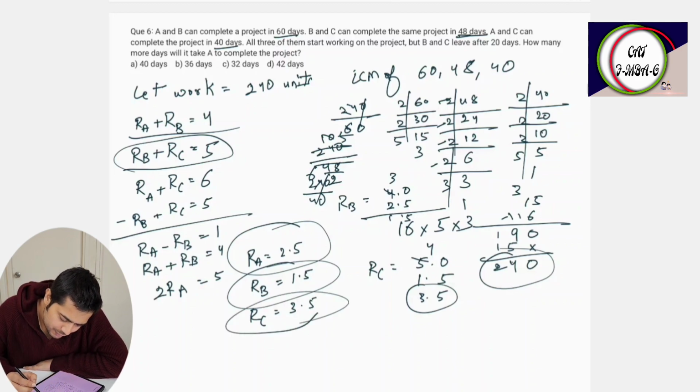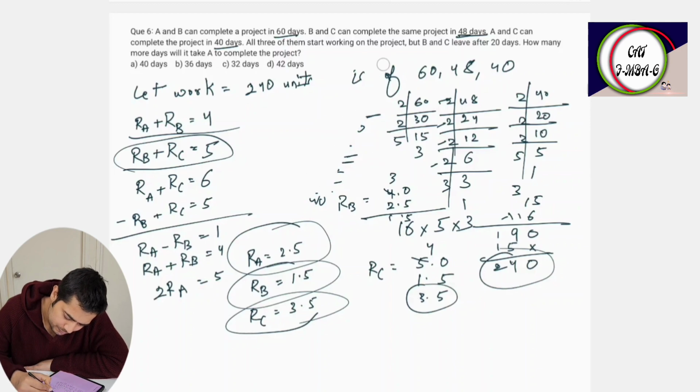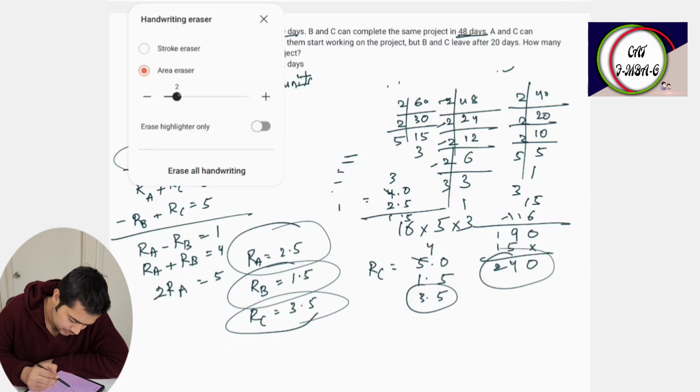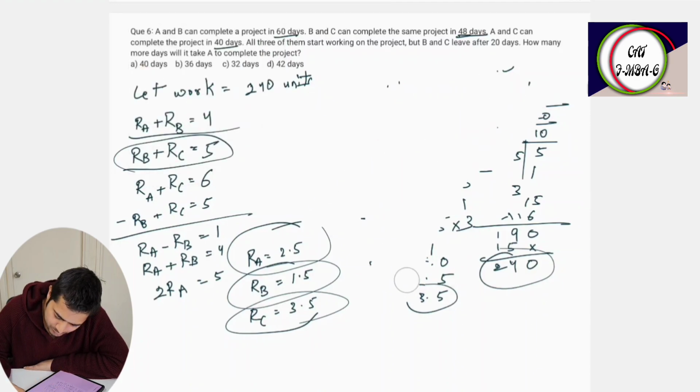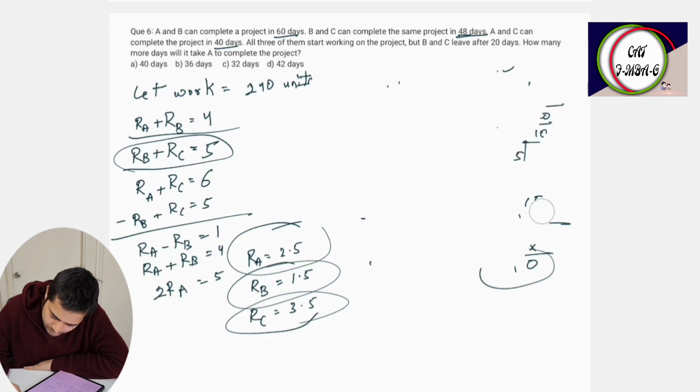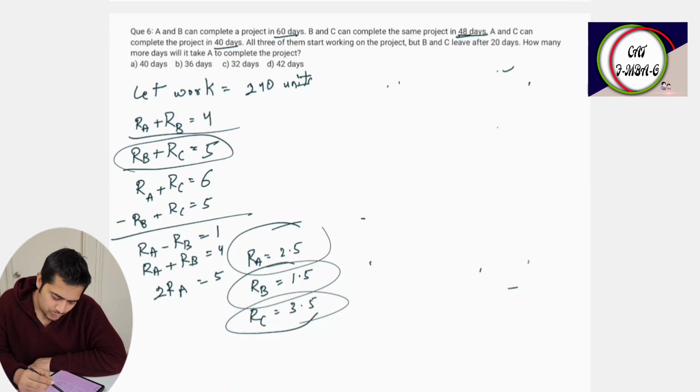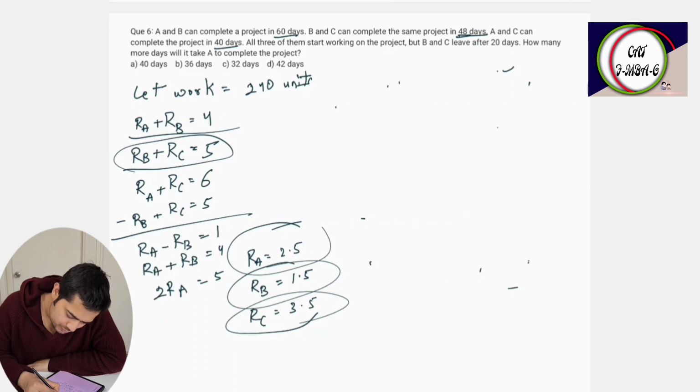All of them started working together, but B and C leave after 20 days. So A plus B plus C together worked for 20 days.